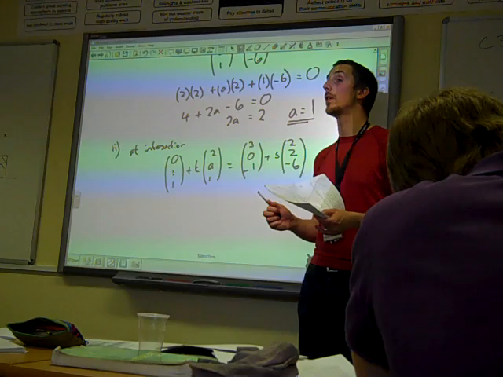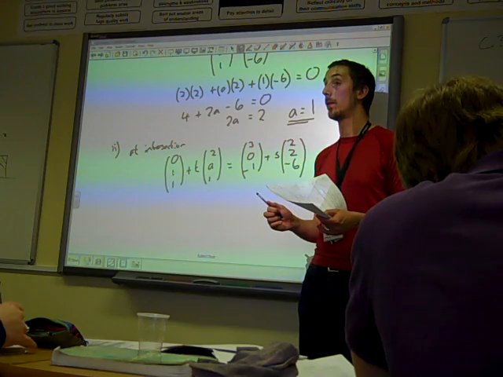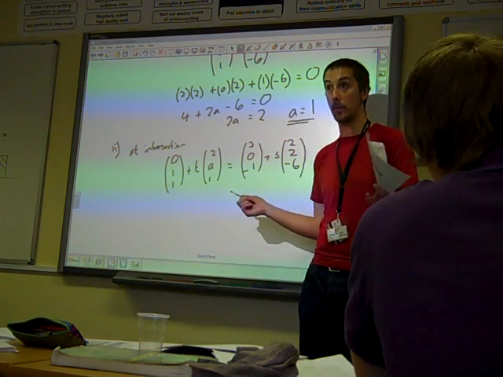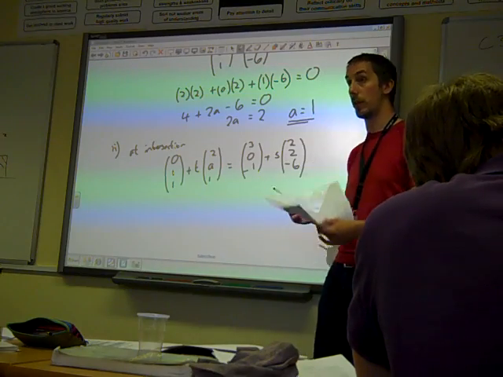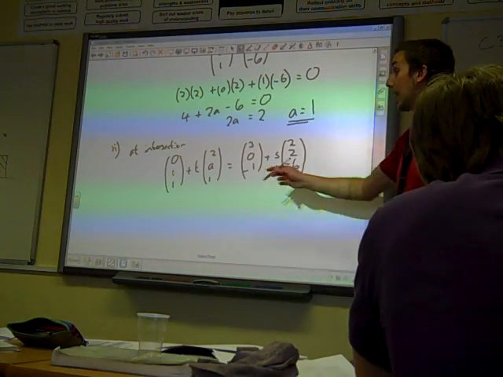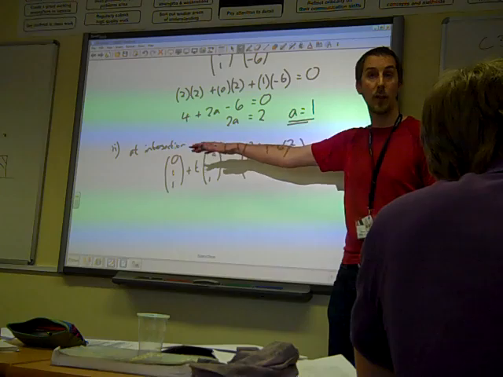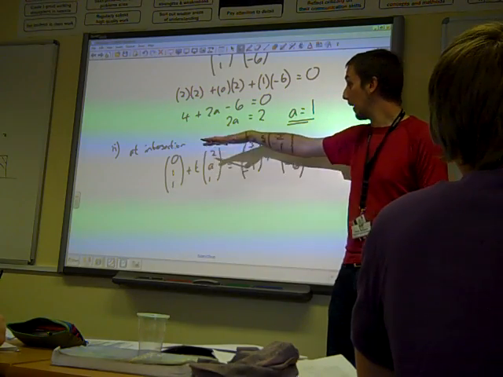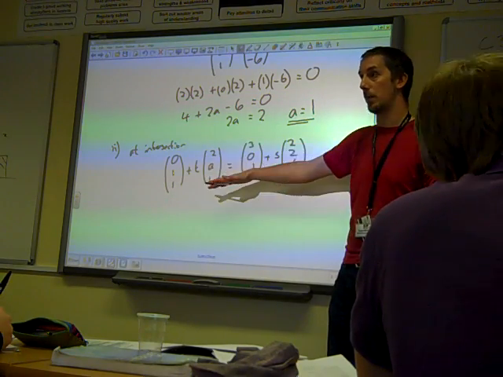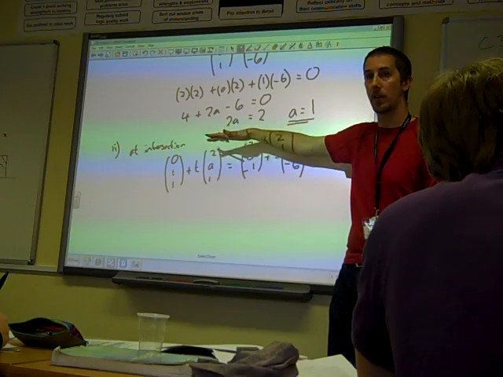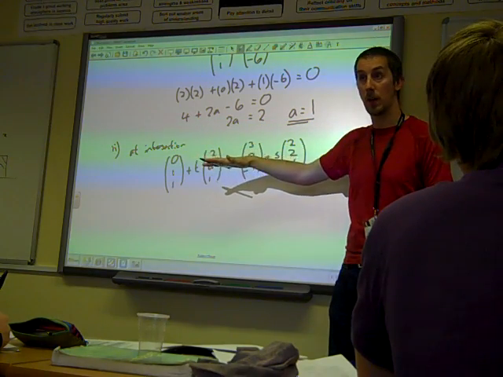For the first part of the question, can we just convert to column vector? Yeah, they're interchangeable. Now if this is true, then we've got the same i components, the same j components, and the same k components.